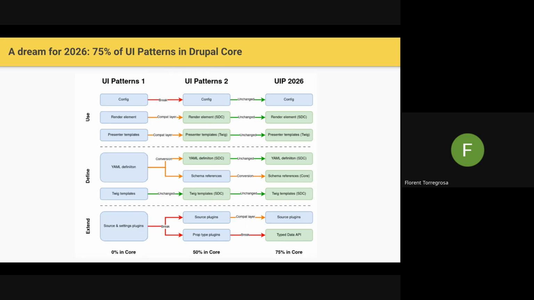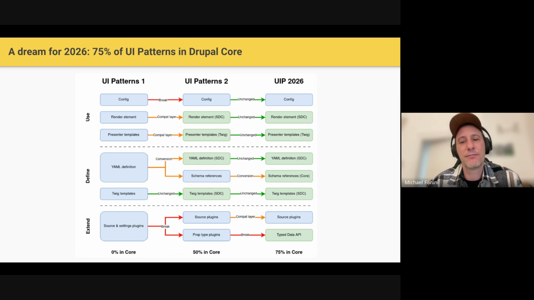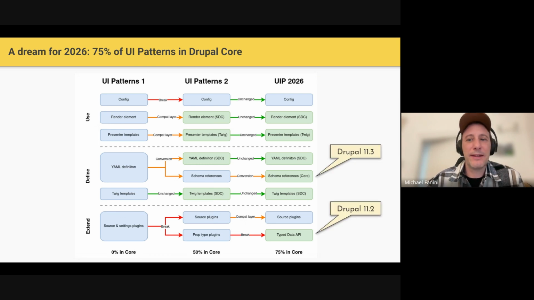For example, the prop type plugins. The idea is to completely get rid of them and directly use the type data API from core. In this kind of replacement, the API of UI Patterns 2 will be simplified and directly incorporated into core. Okay, nice. So becoming more and more the standard, something directly in core, and for all the SDC ecosystem. That's a great plan.